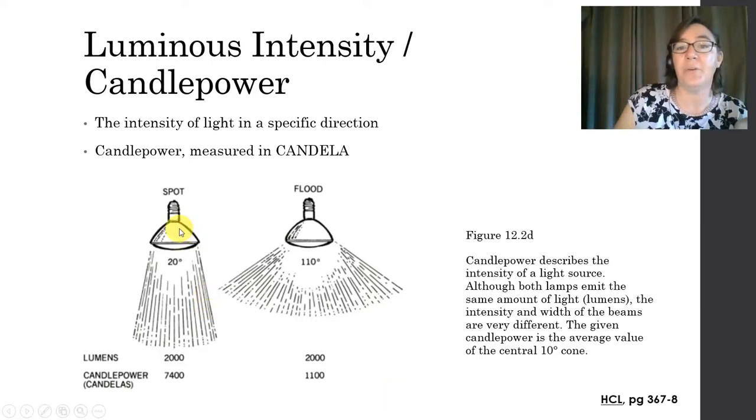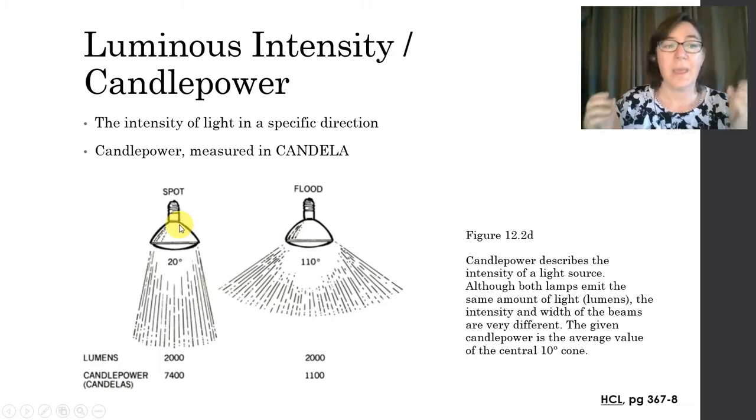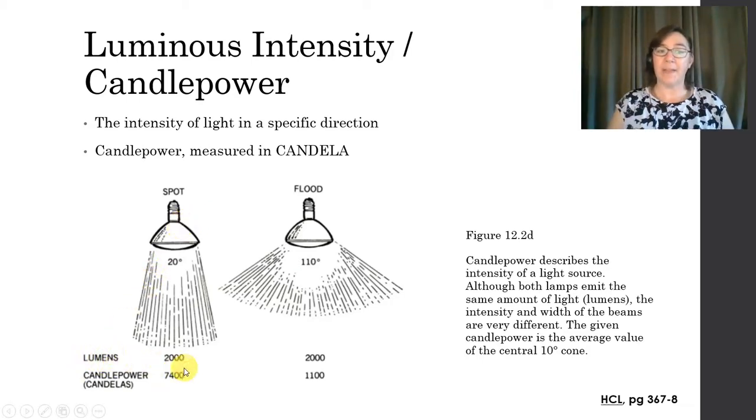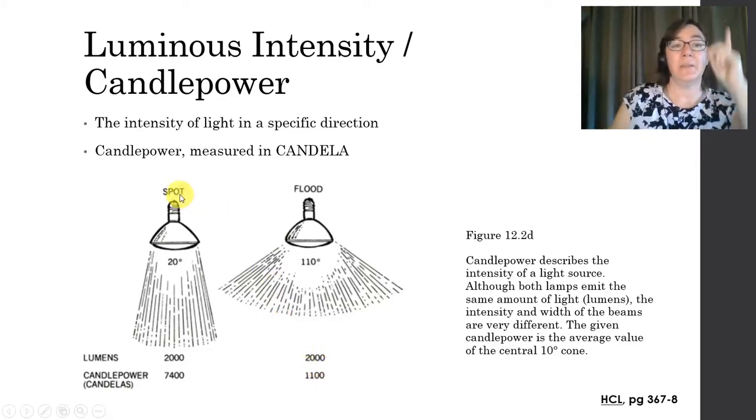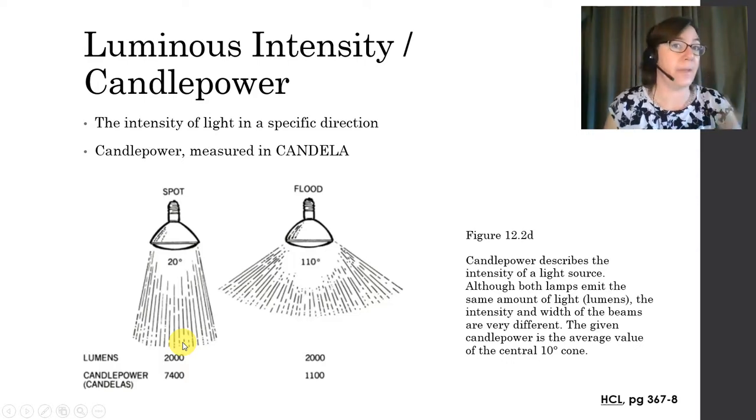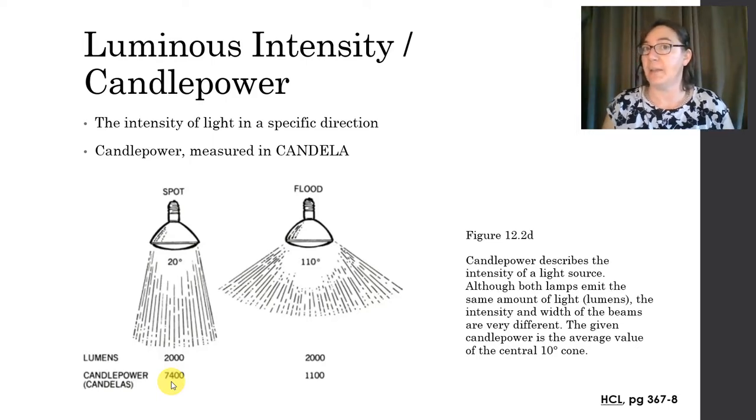We have two different light fixtures, and they are both providing the same amount of lumens, 2,000 lumens. But one of them, the spotlight, is highly focused. And in this one direction, because candle power is directional, its measurement is 7,400 candela.